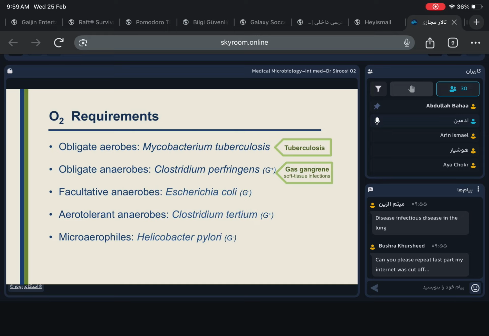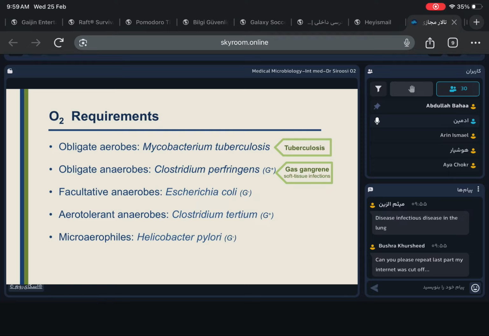And next we have aerotolerant anaerobes, and these aerotolerant anaerobes are anaerobic bacteria, so it means that they don't need molecular oxygen in their metabolism, but they are able to survive in the presence of molecular oxygen. So in that case, they are different from obligate anaerobes. Obligate anaerobes are very sensitive to molecular oxygen.